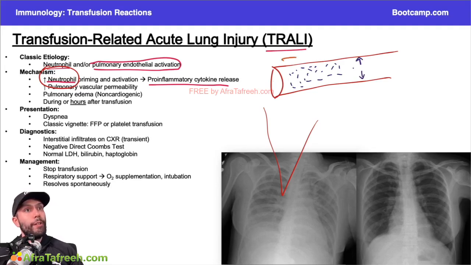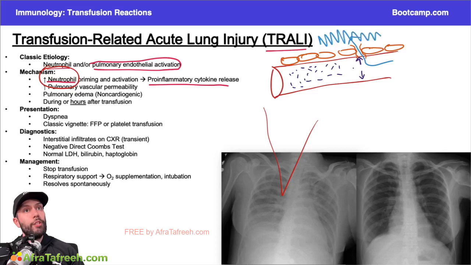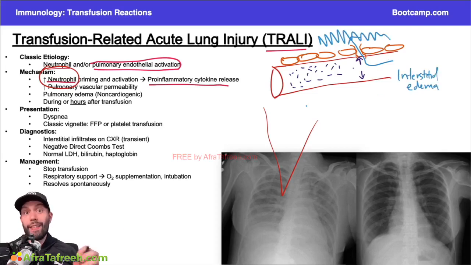Remember, I have my endothelium sitting here on the surface, and as I vasodilate, I'm going to start to get some gaps in this endothelium. So what's going to happen? A lot of the fluid is going to move through those endothelial cells and make its way into the interstitium. And so I'm going to get interstitial edema, from the dilation of those pulmonary vessels and the increase in vascular permeability in the setting of this pro-inflammatory response.